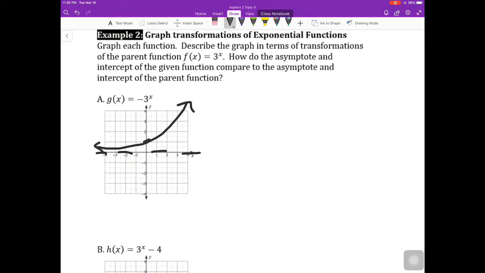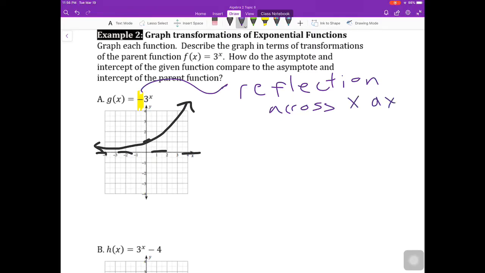Now, this negative out front, it's important to note that that negative is not in parentheses, so it does not apply to the exponent. So that negative actually signals to us a reflection across the x-axis. And then that's pretty much all you need to keep in mind.